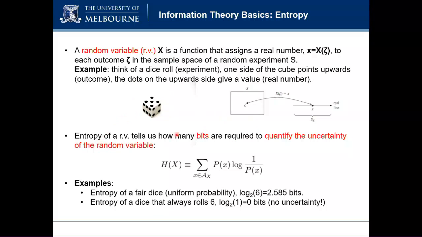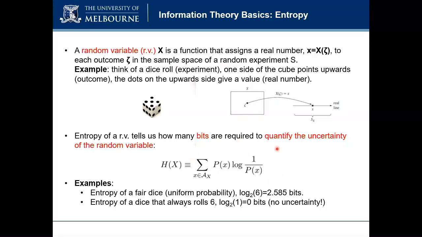So then, what does entropy mean? The entropy of a random variable tells us how many bits are required to quantify the uncertainty of the random variable. That's all entropy is about. This is a clean definition. The entropy of the random variable x is the sum over the possibilities of p of x log 1 over p of x.